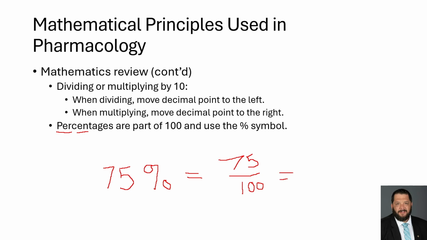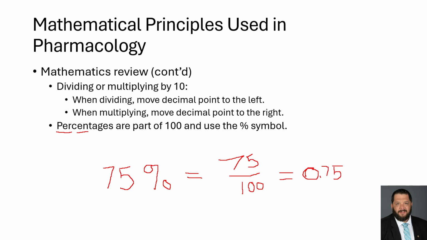We could also express that in decimal terms as 0.75. 75% is 75 parts to 100, 75 over 100, or 0.75.